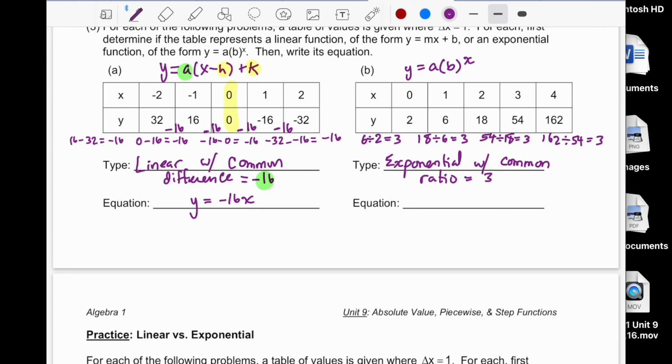All right. So the common ratio is going to be your base. That's your b value. The a value is whatever the multiplier is that gets you from the parent function to this array of data.